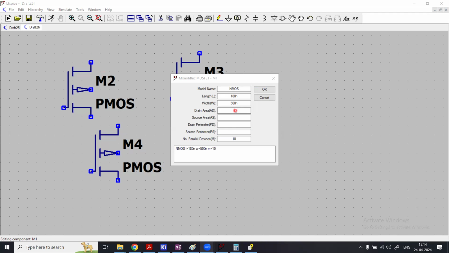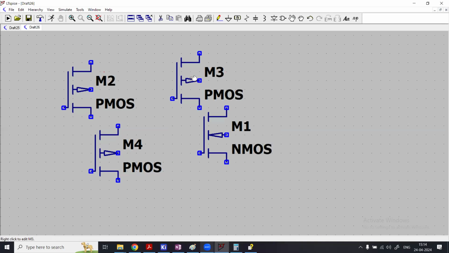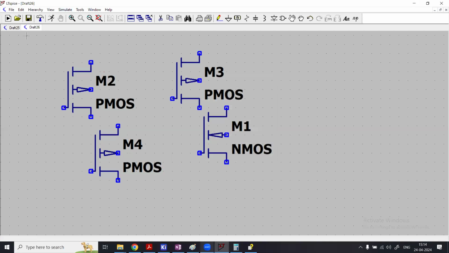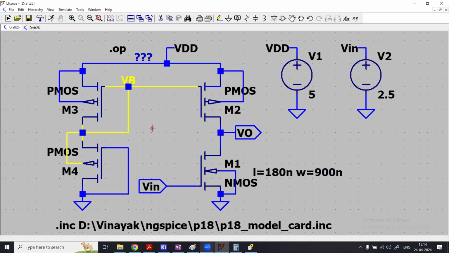So what I have done to get all these parameters, similarly, I have done this for the PMOS, so you can see that. Okay, I will do it for PMOS. So this I have done in my circuit, which is actually shown right over here. Now L equal to 180 nanometer, W equal to 900 nanometer.